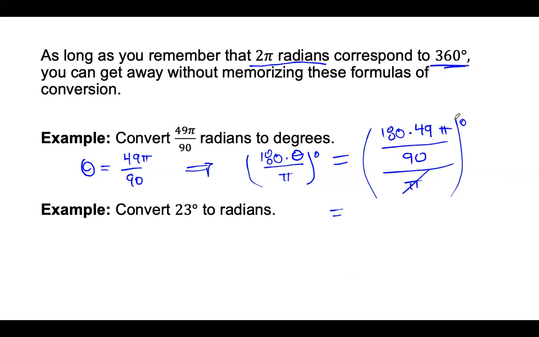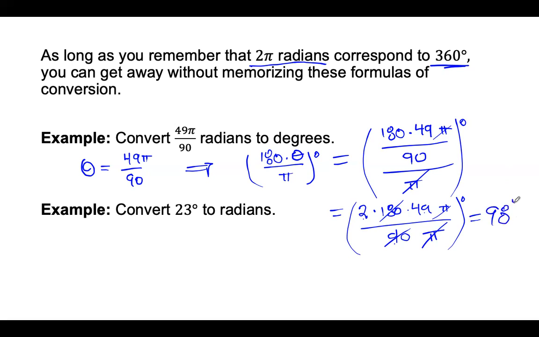So the pi's cancel. The 90 goes into 180 twice, so there's a 2. And then 2 times 49 is 98 degrees. I'm not sure if this is easier.